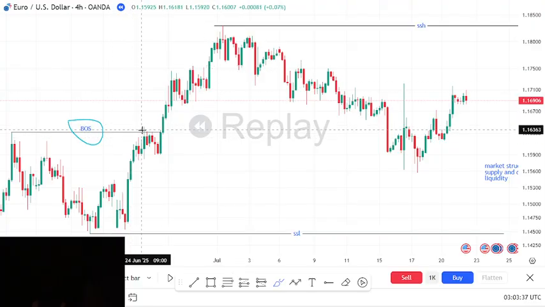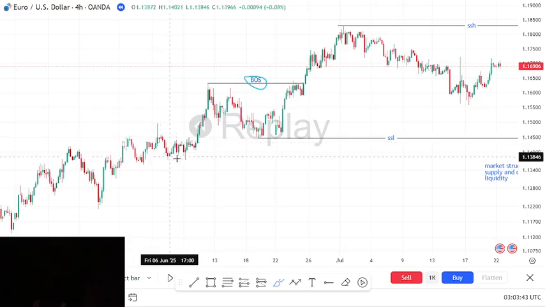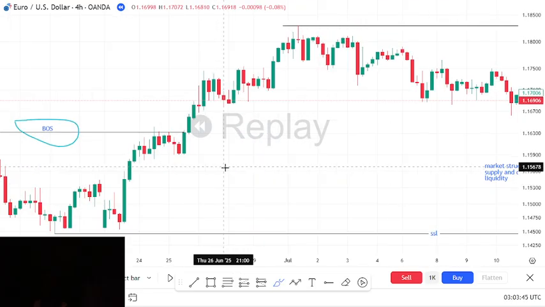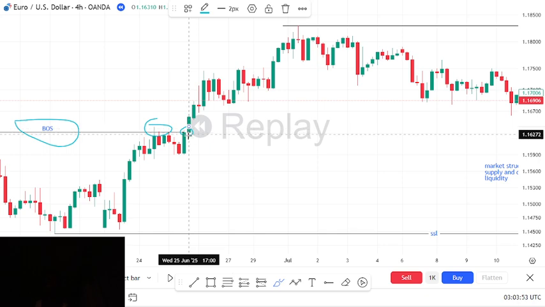Simple. When you break a swing structure with a candle body close like this one, it signifies or confirms a break of structure, right?